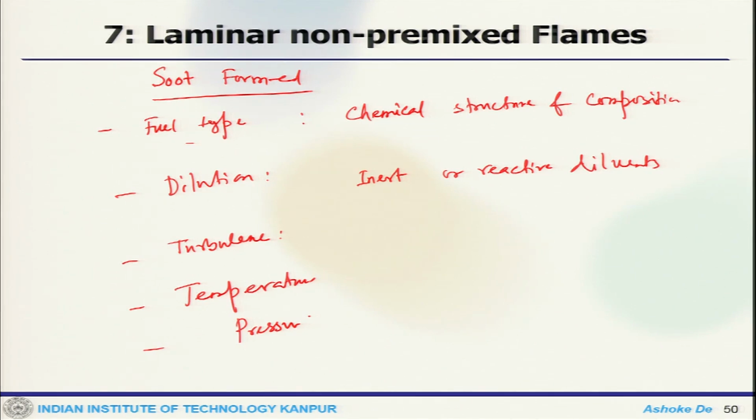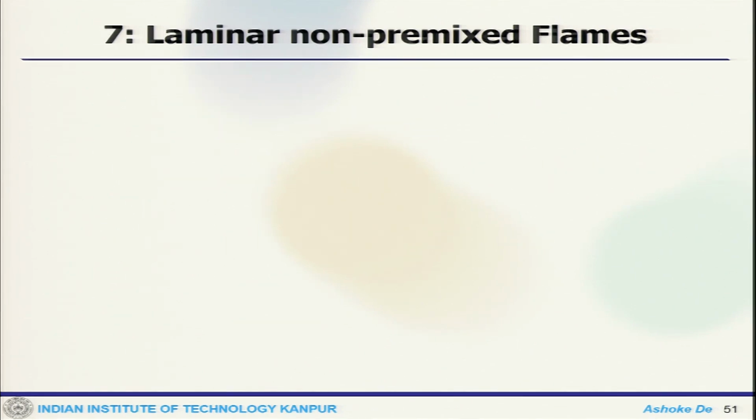Typically this is not a problem in premixed flames; you do not get it unless phi is greater than or equal to phi critical. So this is a typical problem in diffusion flames.